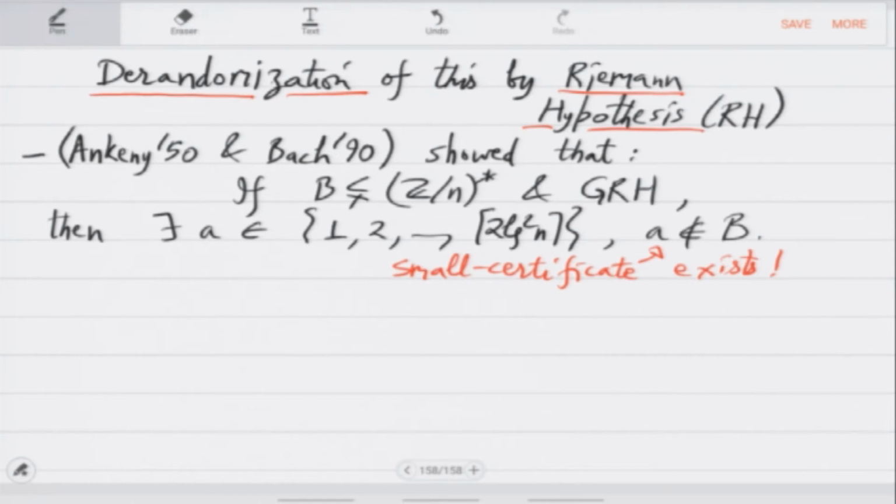So you don't need to pick A randomly. Okay, so this will immediately de-randomize the previous randomized test. So Solovay-Strassen can be de-randomized.